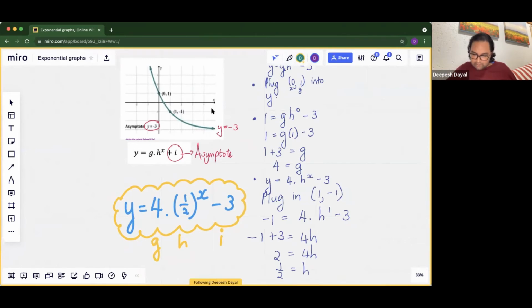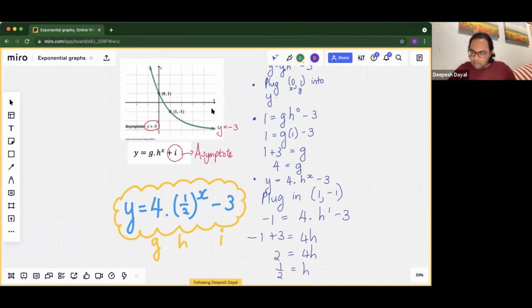When the G is positive, the H is between 0 and 1, and then the I, I think we labeled it as Q the last time, was minus, and then the graph looked like this. If you go back to your notes, you'll see that this graph, with all these values, looked like that, right? Any questions regarding this?